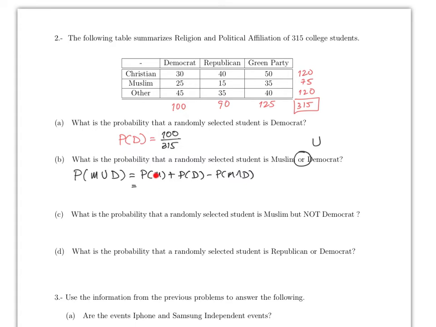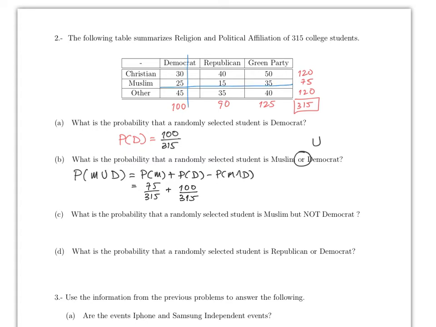How many people are Muslim? It's 75, right? How many are Democrat? Well, we already said that was 100. Muslim, remember, is this. And how many are Democrat?